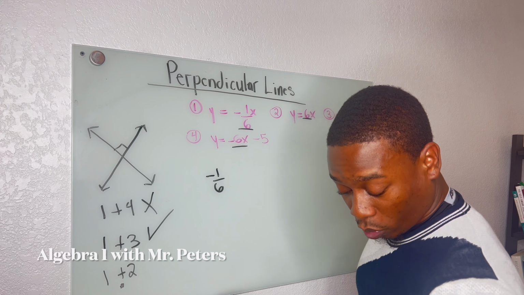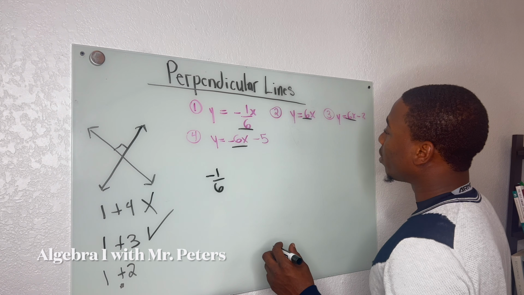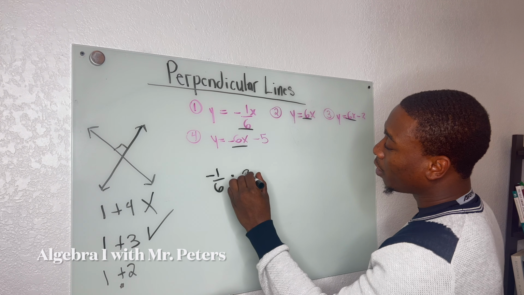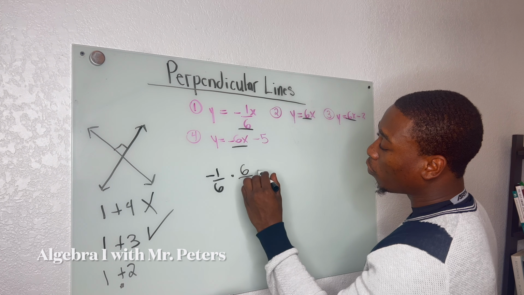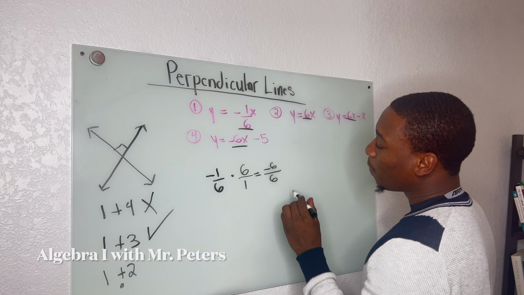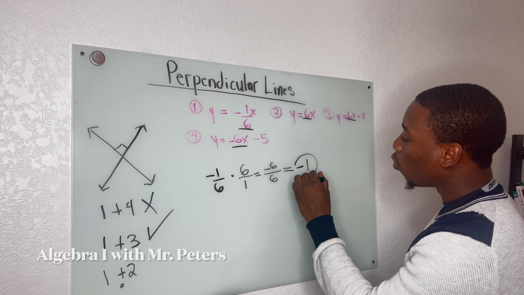All right. So we're going to keep equation 1 slope the same, because we're comparing to everything else. And oh, actually, we don't even have to do the work because it's the same exact thing. Positive 6, we're going to put it over 1. And once we multiply, we are going to get negative 6 over 6, which equals negative 1.